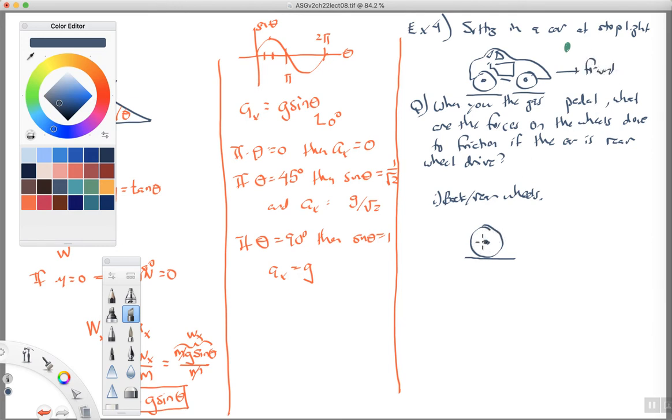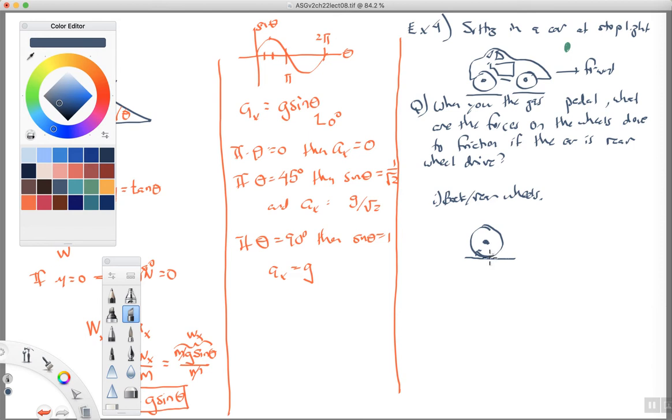What happens is this wheel, because the engine fires up, this wheel begins trying to spin, right? And when it tries to spin, it's trying to move in this direction at the bottom, right? So that's the rotation direction that the bottom of the wheel is trying to move.